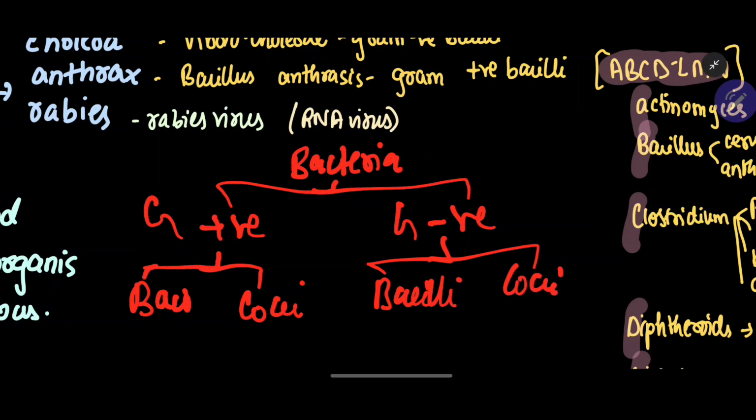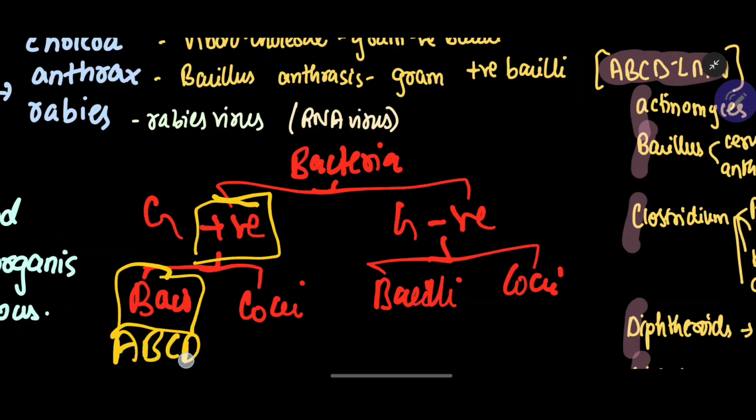Now, to remember gram positive bacilli, we have a mnemonic which is A, B, C, D, L, M, N.